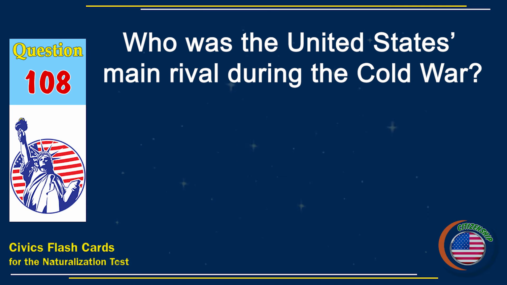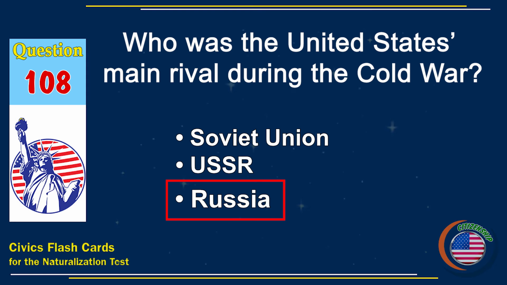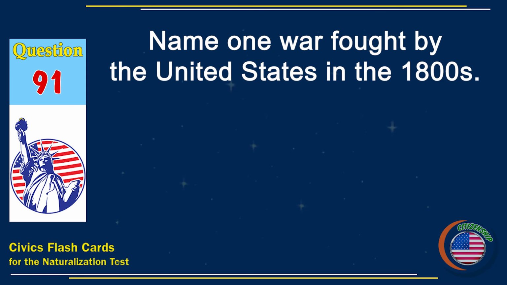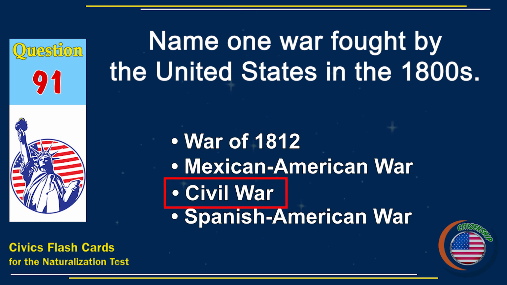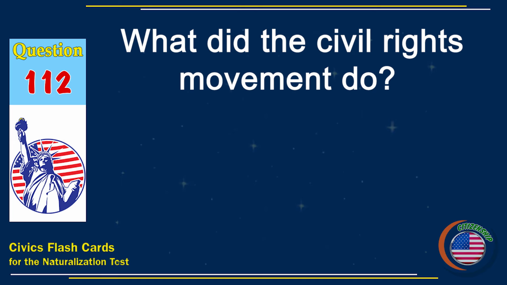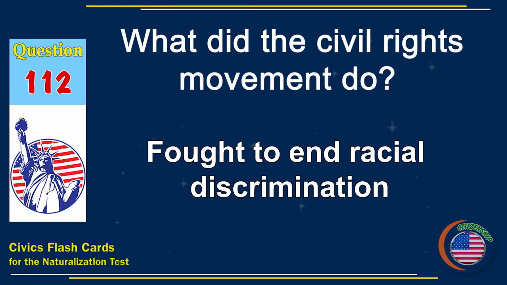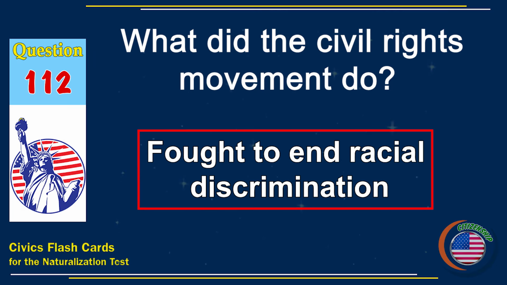Who was the United States' main rival during the Cold War? Russia. Name one war fought by the United States in the 1800s. Civil War. What did the Civil Rights Movement do? Fought to end racial discrimination.